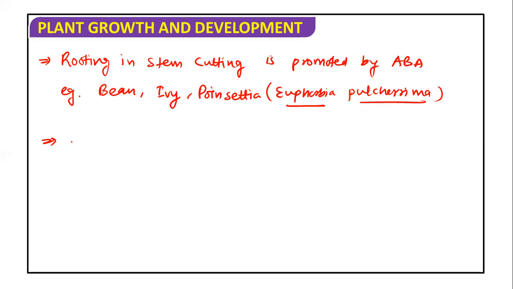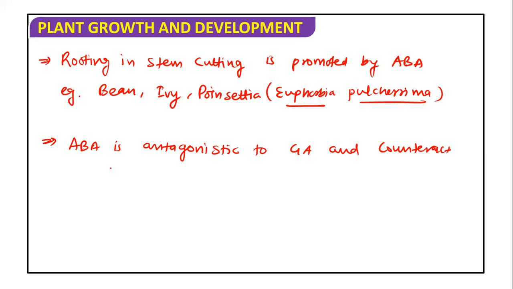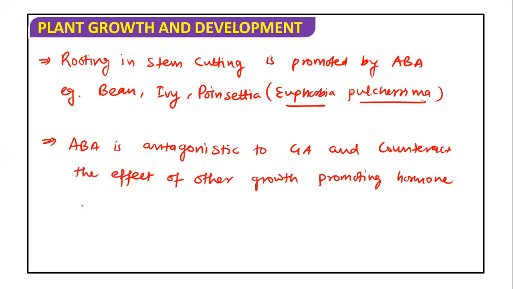Then this ABA is antagonistic to gibberellic acid and counteracts the effect of other growth promoting hormones, that is auxin and cytokinin.